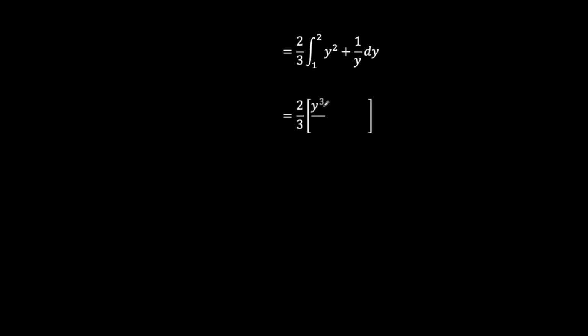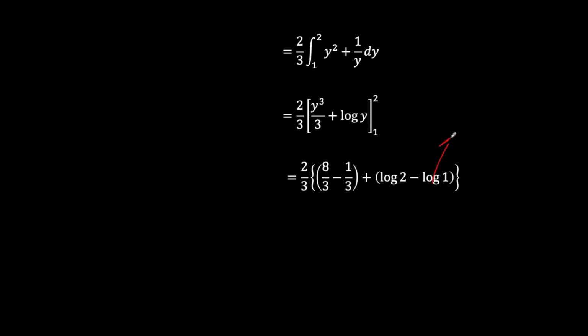And we know that the integration of y squared is y cubed over 3, and the integration of 1 over y is the natural logarithm of y. And so substituting in the limits, that amounts to 2 over 3 for the first component. This is 2 cubed over 3, which is 8 over 3, minus 1 cubed over 3, which is a third, plus log 2 minus log 1.